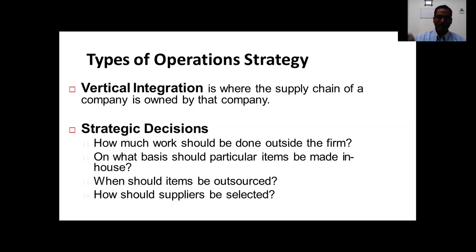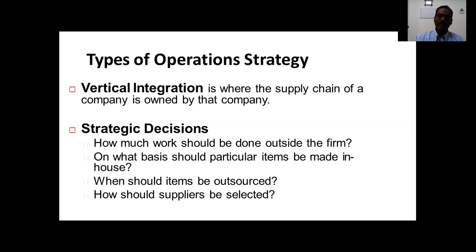When should an item be outsourced? Certain things can be outsourced, and certain things can be in-house. We need to see the cost and efficiency of the business itself, or whether there is a better person or company in the market which can do it better, at lower cost and in a very professional way.